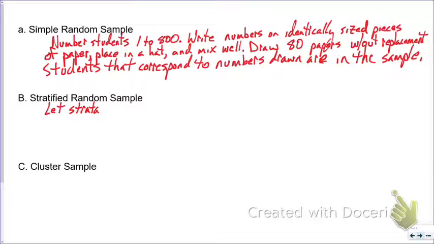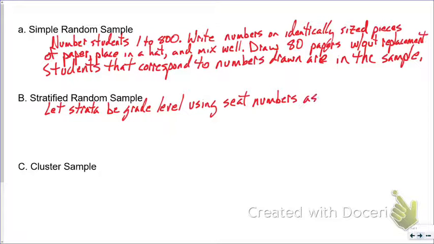But I'm going to let strata be grade level, because it's already organized that way using seat numbers as labeled above.